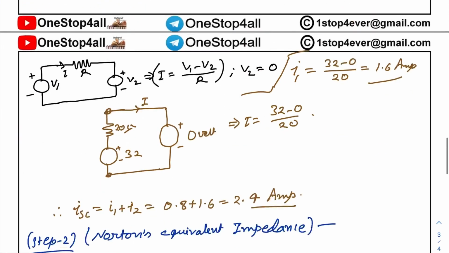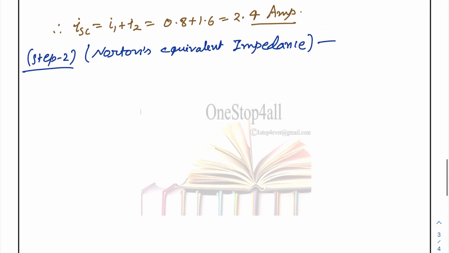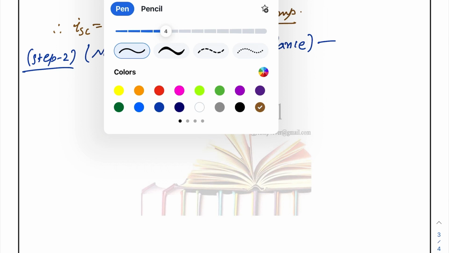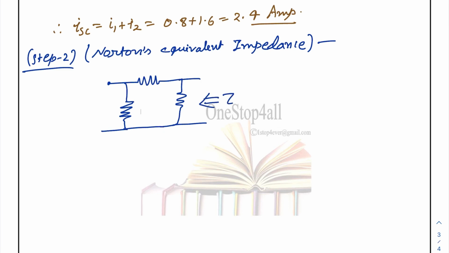Our task now is to find the Norton equivalent. For this, we proceed in the same way as we did in the previous lecture numerical on Thevenin. And this is nothing but your ZTH, or we can write ZN.